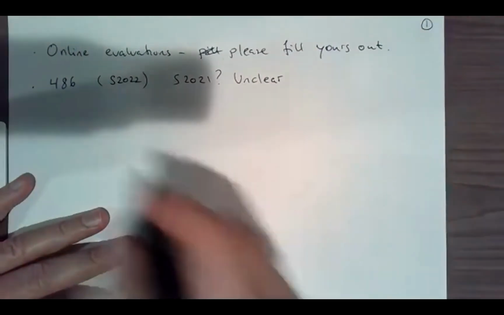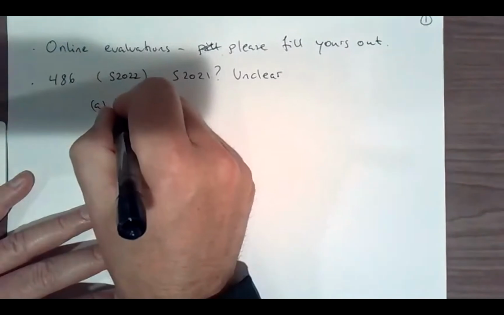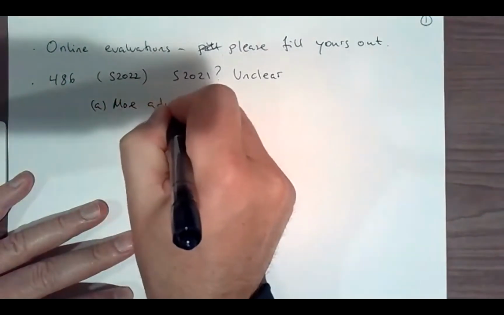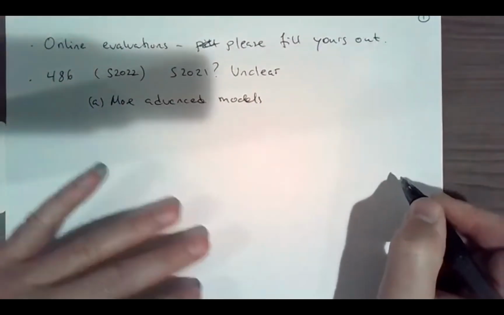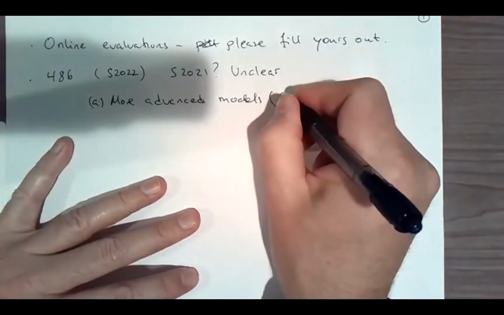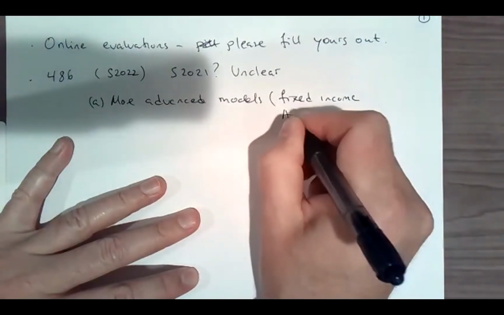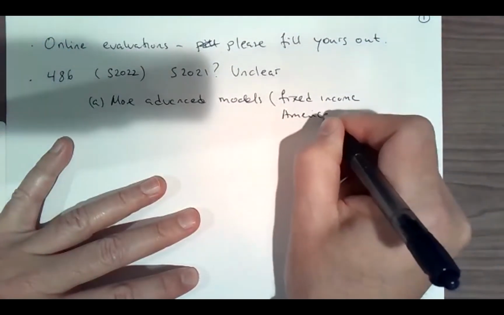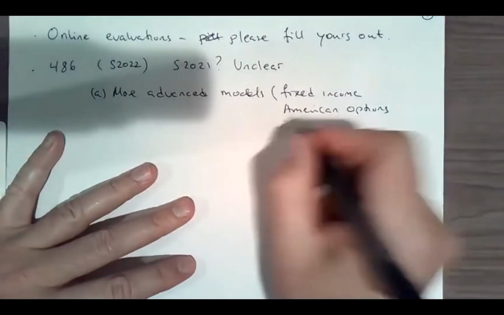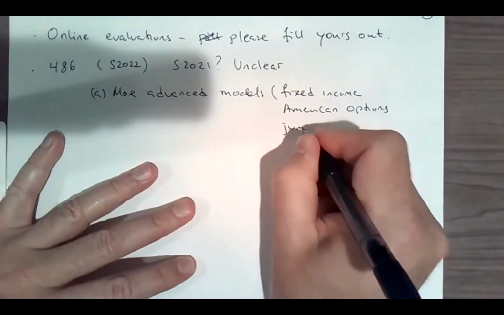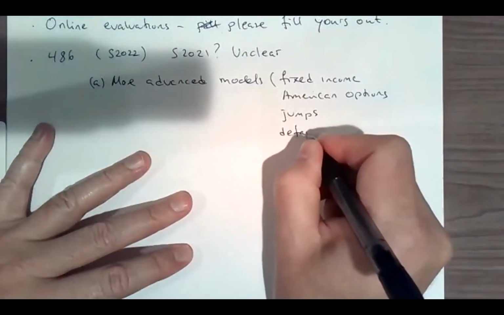The components I had in mind: academically, there are more advanced models. We talked a little bit about some of them, but there could be stuff on fixed income, stuff like Americans, stuff like jump processes, and stuff like default models.